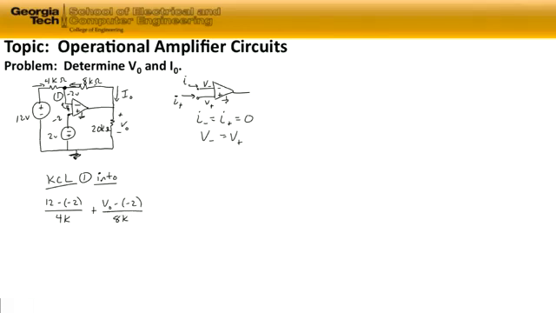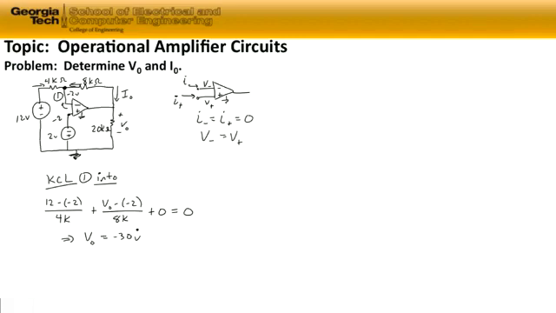And of course we have the third current, which we know is 0, coming out of the inverting input of the op-amp. We put it in there for completeness, and the sum of those currents is equal to 0. Now we have an equation that has Vout as the only unknown. If we solve for Vout, we end up with a Vout equal to minus 30 volts.